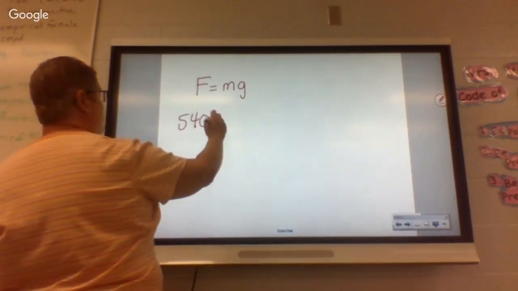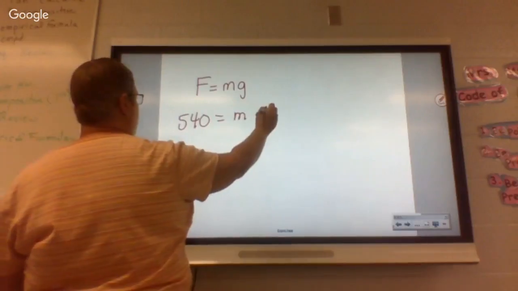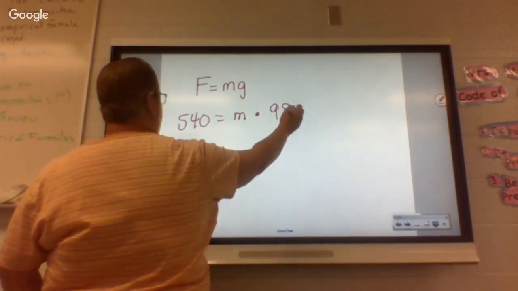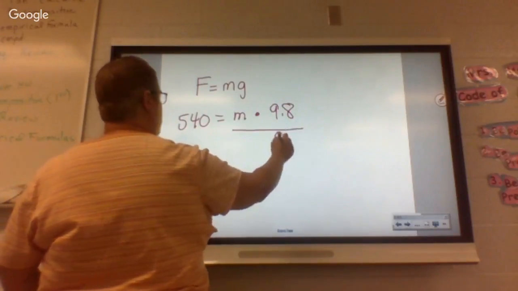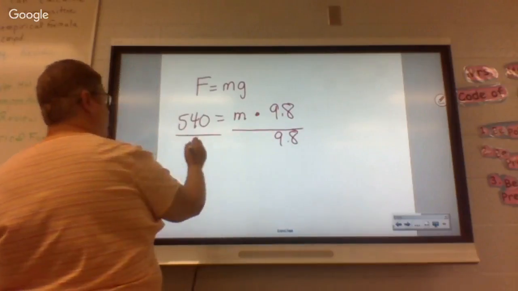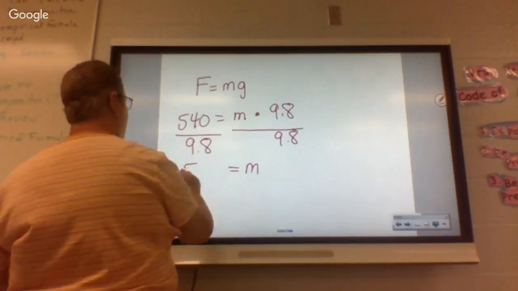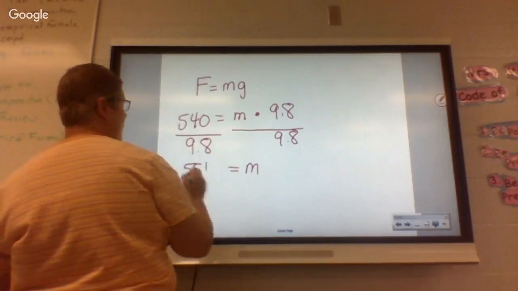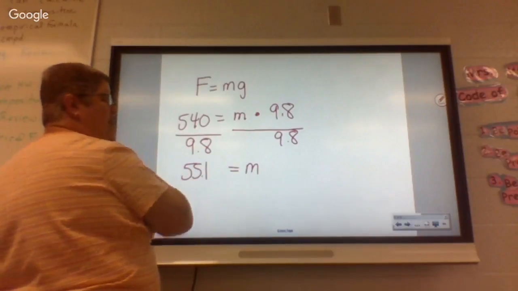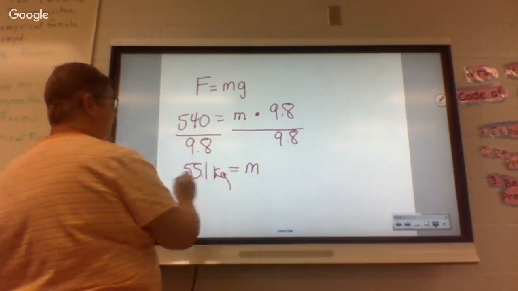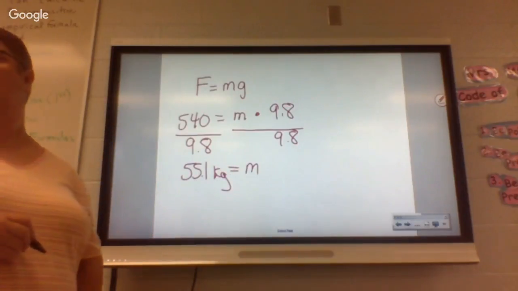Mass we don't know. And what's g? So how do I find it? 540 divided by 9.8. That's 55.1. And what unit do we put on the mass? kg.